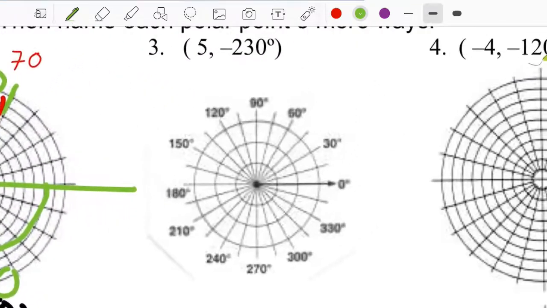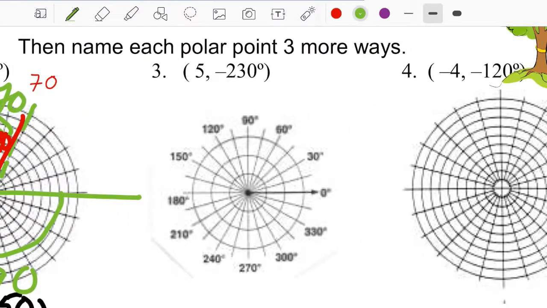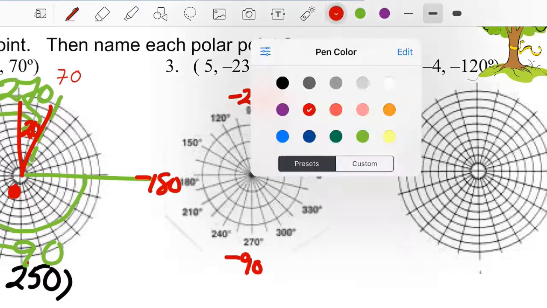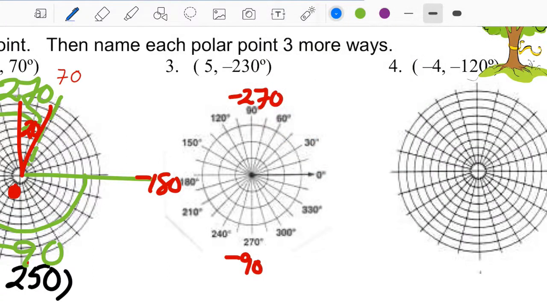Let's do number 3. What do you think? Can we do it maybe a little more quickly? I'm going to rotate negative 230. Again, with negative rotations, you have to kind of reprogram your brain to be thinking these values. If I'm going to rotate negative 230, then I'm just going to straight up rotate backwards.